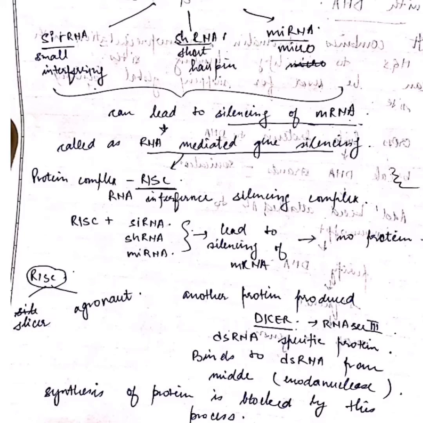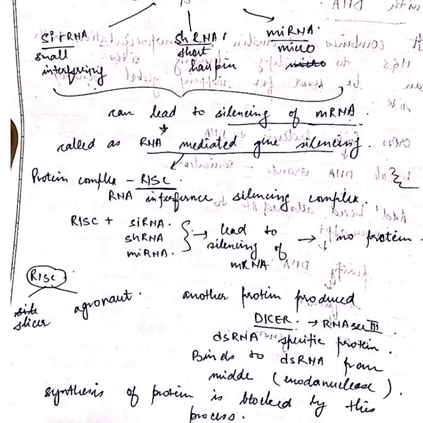Now the protein complex is called RISC, that is RNA-induced silencing complex. When RISC combines with these three, it leads to silencing of mRNA, which gives no protein. And now another type of protein produced is Dicer, that is an RNase.